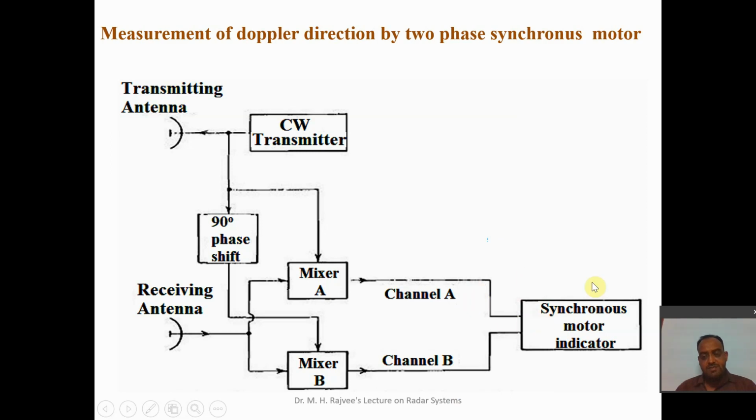Because of this, the synchronous motor rotates in one direction. Let us say if it is rotating in the clockwise direction, we can estimate that the target is approaching us. If it started rotating in the opposite direction, we can understand that it is a receding target.